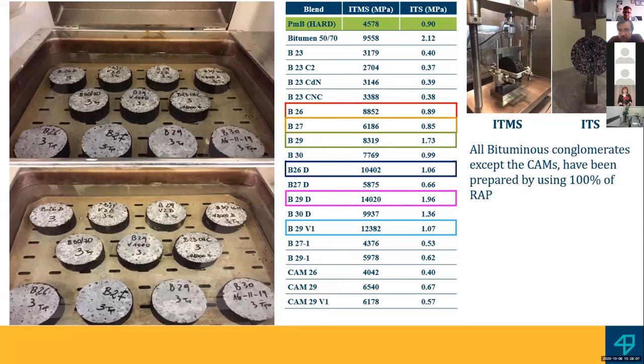So in the next slide, for example, these bitumens, as I said, are obtained using 100% of reclaimed asphalt pavements, except the ones indicated as CAM, that are a mix of virgin aggregates and recycled aggregates, that are commonly used today to prepare asphalt conglomerates.